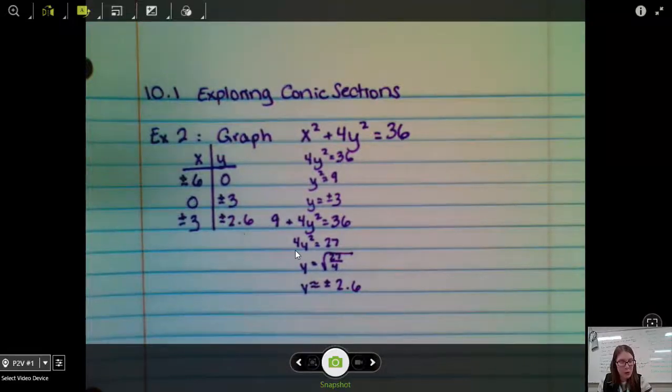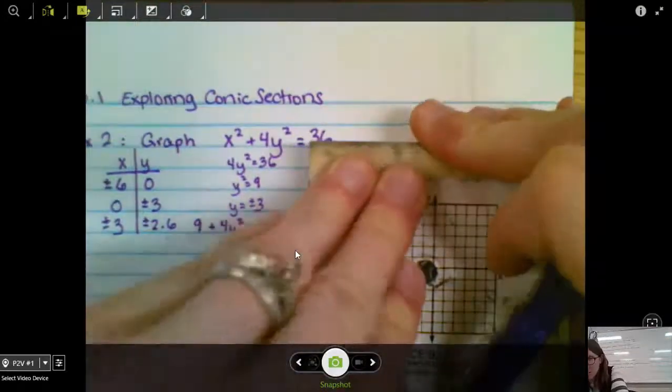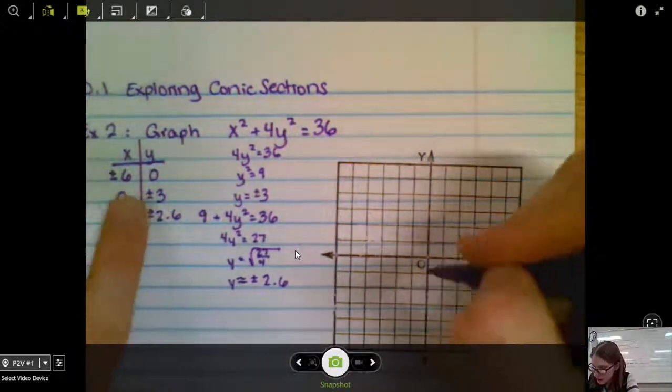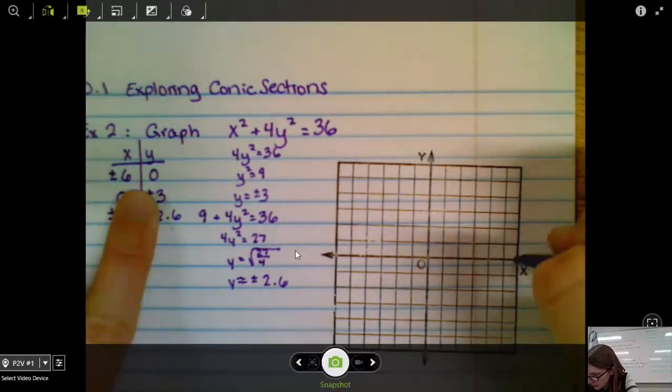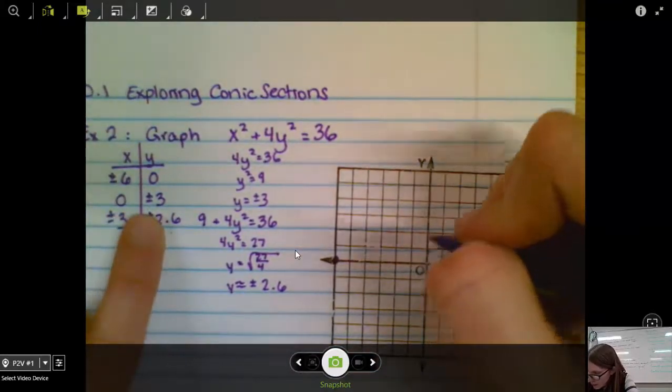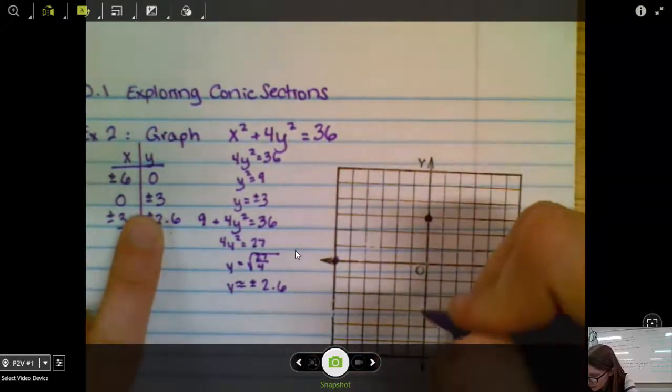Okay, let's use these points now. We have a good chunk of ordered pairs that we can use to graph. So let's use these ordered pairs. Plot and see what we end up with. Plus or minus 6, 0 means I can have the point 6, 0 or negative 6, 0. 0, 3 or 0, negative 3.